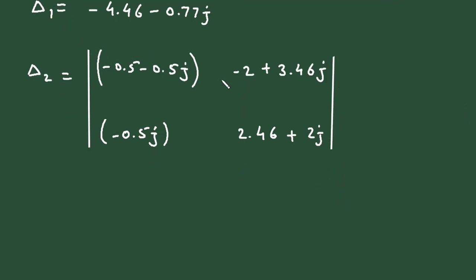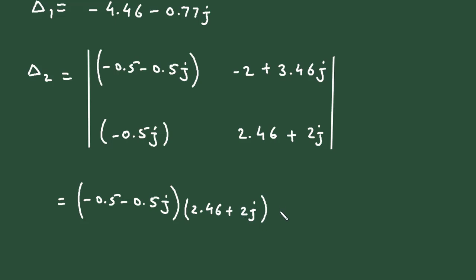Now let's take its determinant. So for determinant we have to multiply this into this, multiplied with 2.46 plus 2j, minus 0.5 j into this, minus 2 plus 3.46 j.